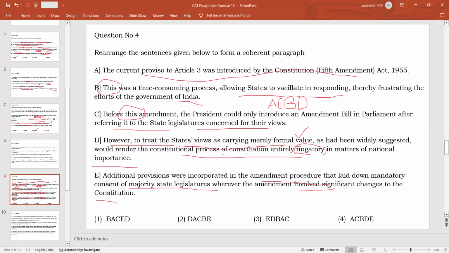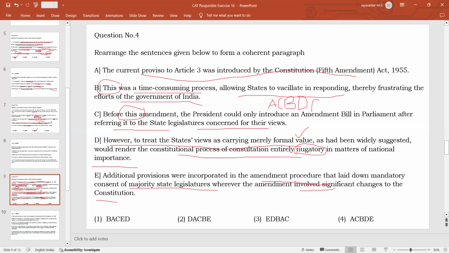In matters of national importance, state governments had to be consulted. That is why additional provisions were incorporated in the amendment procedure. So whatever amendment procedure was there in Article 3, additional provisions were included in that, so that mandatory consent of state legislatures is required in cases where the amendment included significant changes to the constitution.